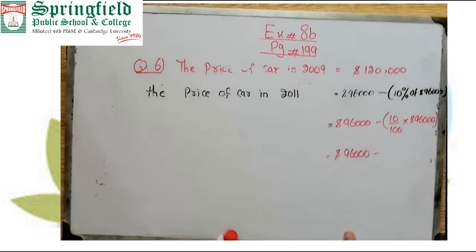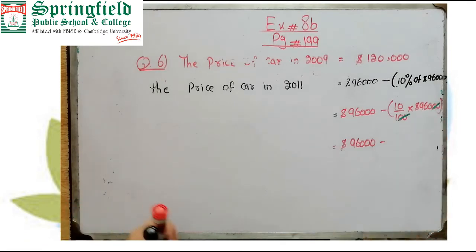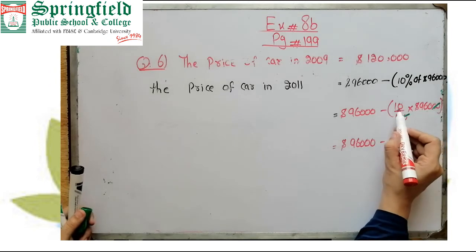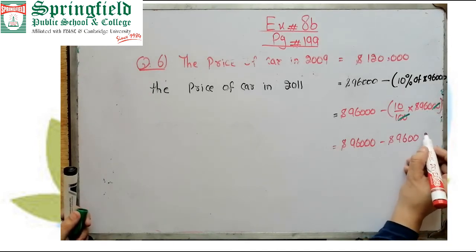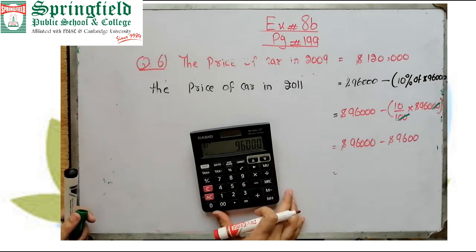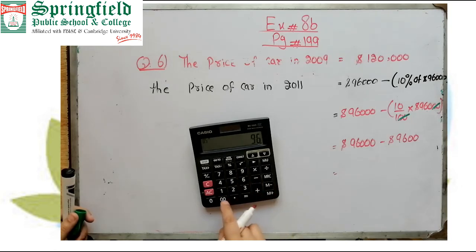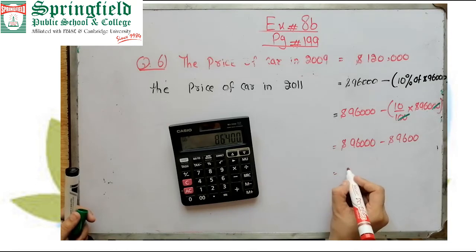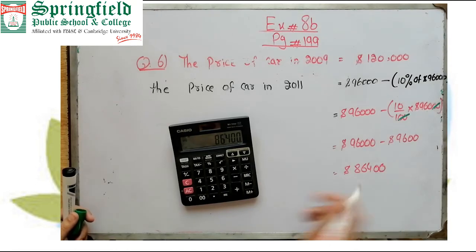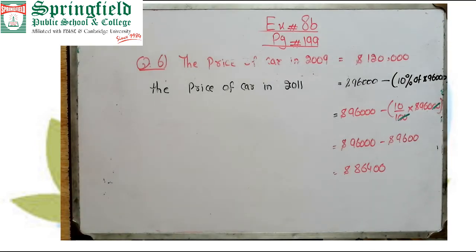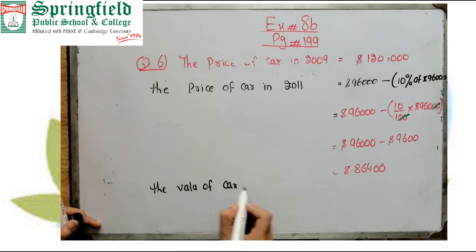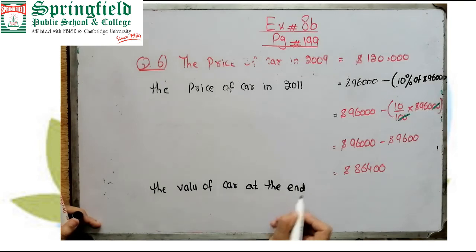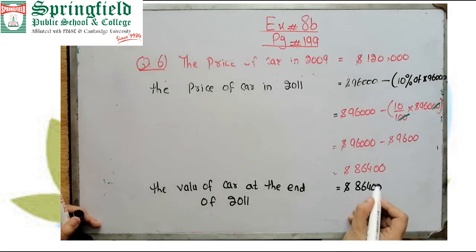Then $96,000 times 10 over 100: the 100 cancels with the zeros, and after multiplication it becomes 9600. Then we subtract: 96,000 minus 9600 equals $86,400. And this is the value of the car at the end of 2011, $86,400.